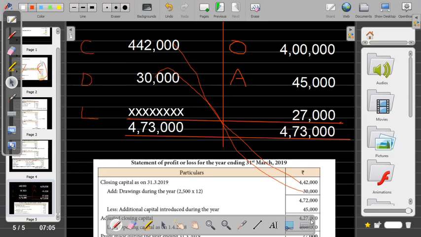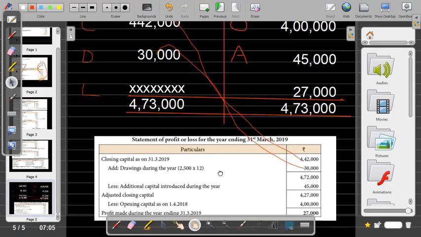Then you have the opening capital 4 lakhs here. Then here additional capital introduced, this particular amount you have. So you balance it now.